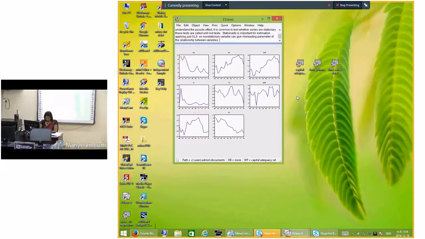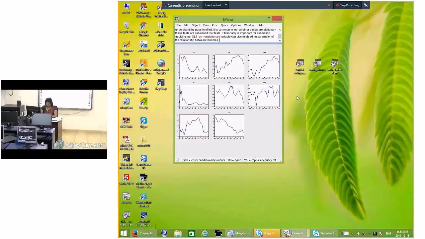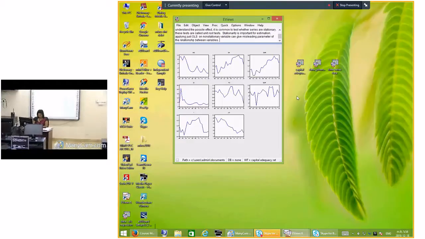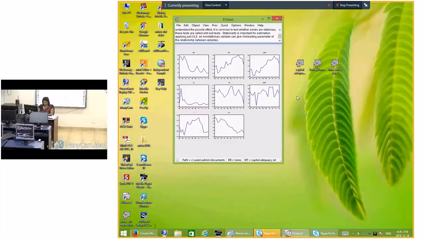Between variables, right, then check for stationarity.